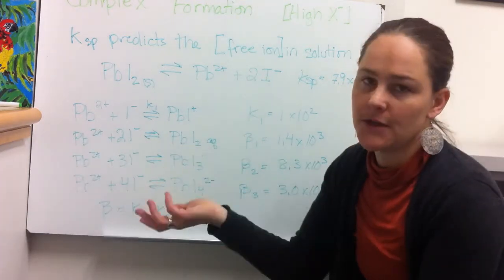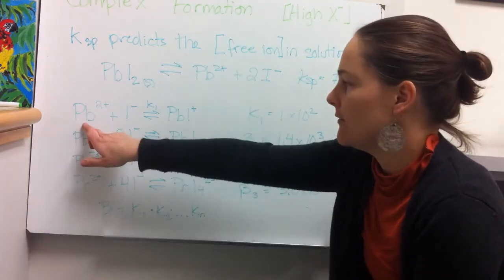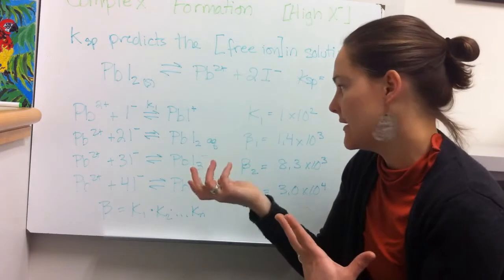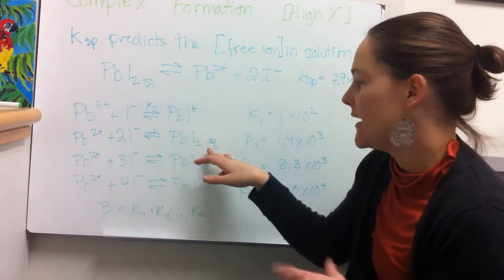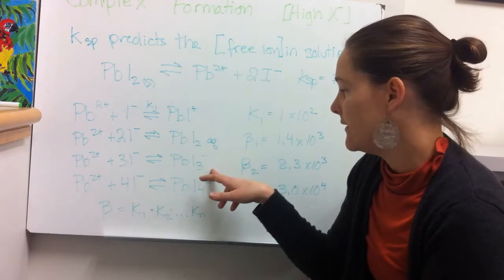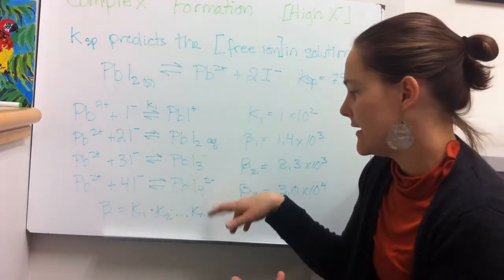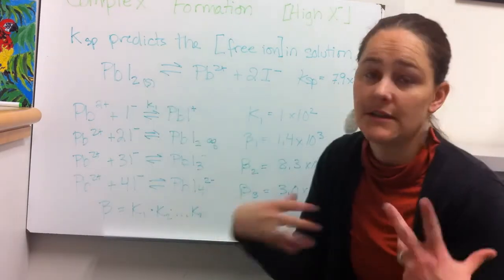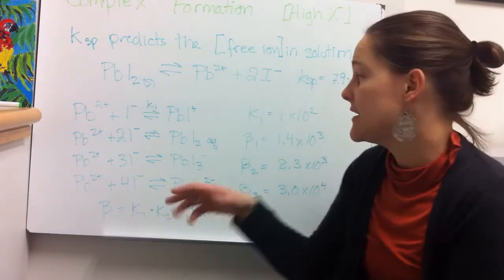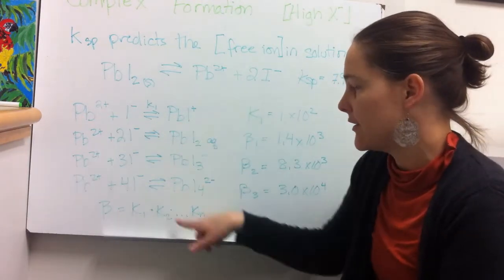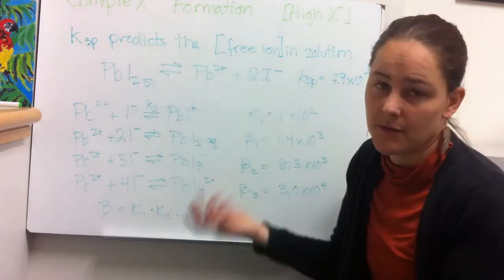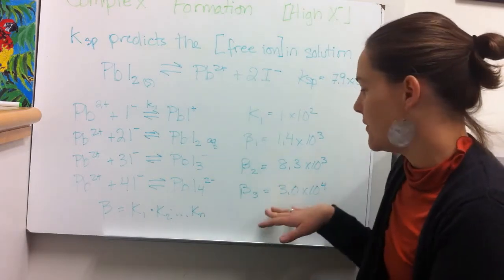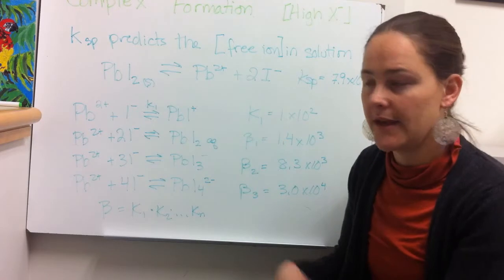If you had a bunch of iodide in solution already, then the lead can react with that iodide and form lead with 1 iodine, lead with 2 iodines aqueous, lead with 3 iodines, lead with 4 iodines, and so more of this lead iodide will dissolve than what you would predict with the KSP, because some of the lead is getting slurped up by these complexes, and those are governed by additional K values.